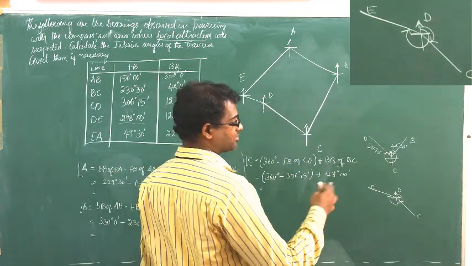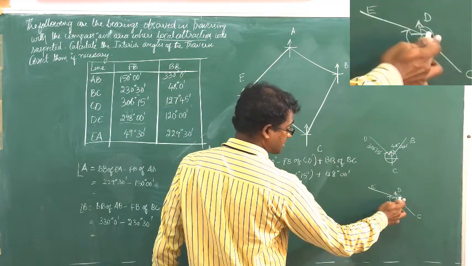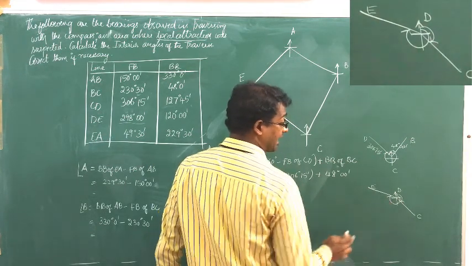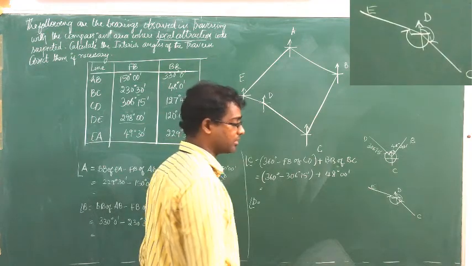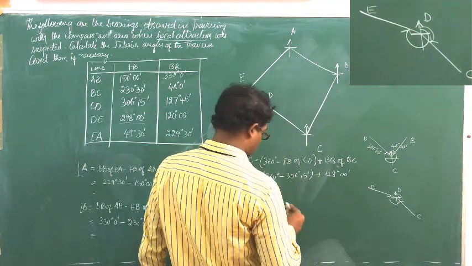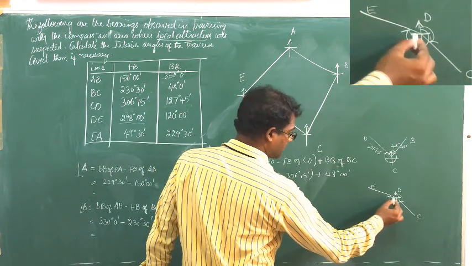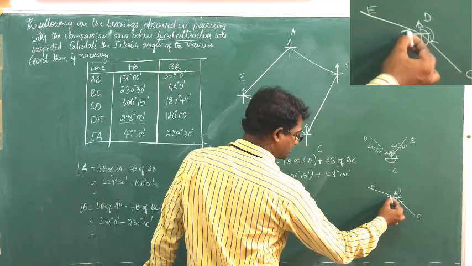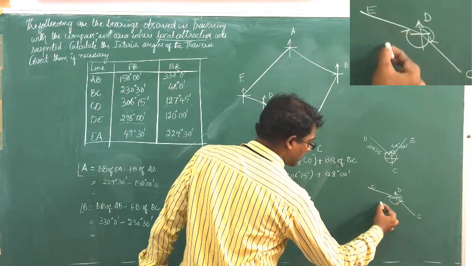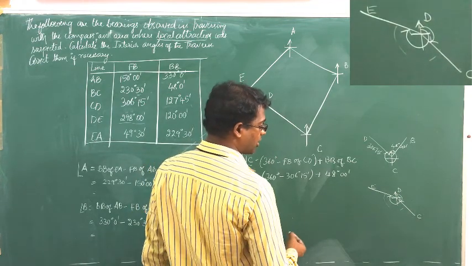If I deduct this from this, I'll get the exterior angle. Right? You can do it in that way also. So how do I do it?